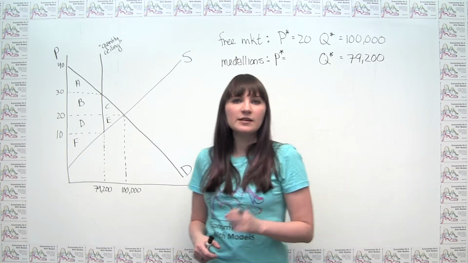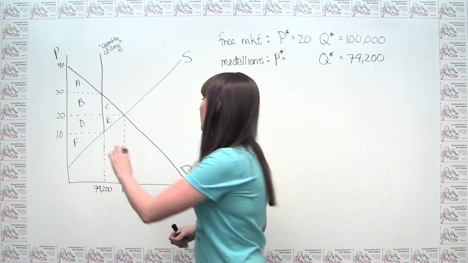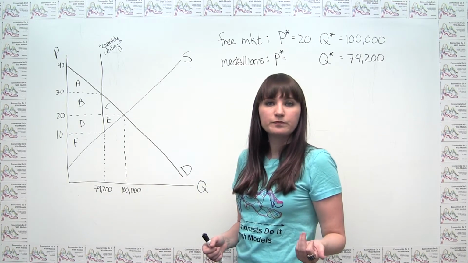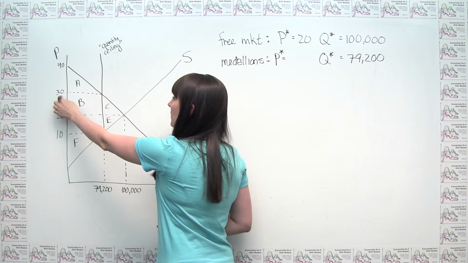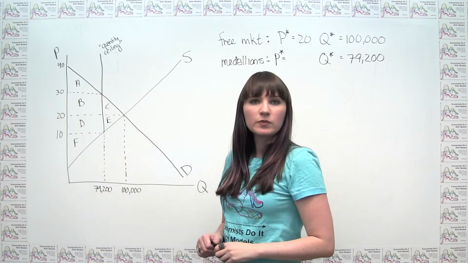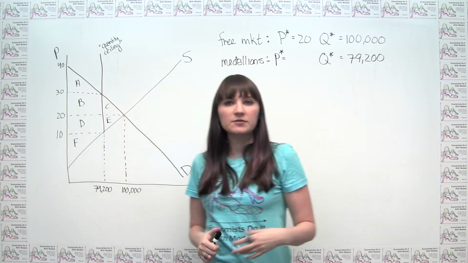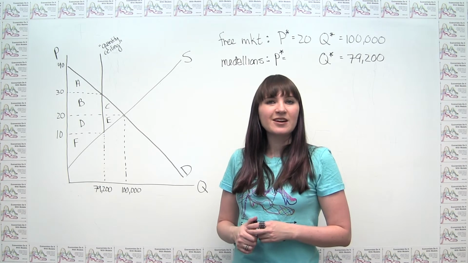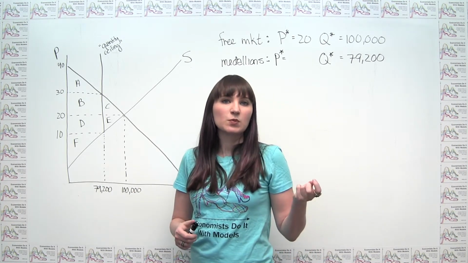But what we said here, and this is actually an important part of this problem, is that each taxi driver can only provide 6 rides per day. So if the market would bear this price of $30, we think about, well, does any individual producer have an incentive to charge, say, $29? Well, if he charged $29, he would still only be providing 6 taxi rides per day.